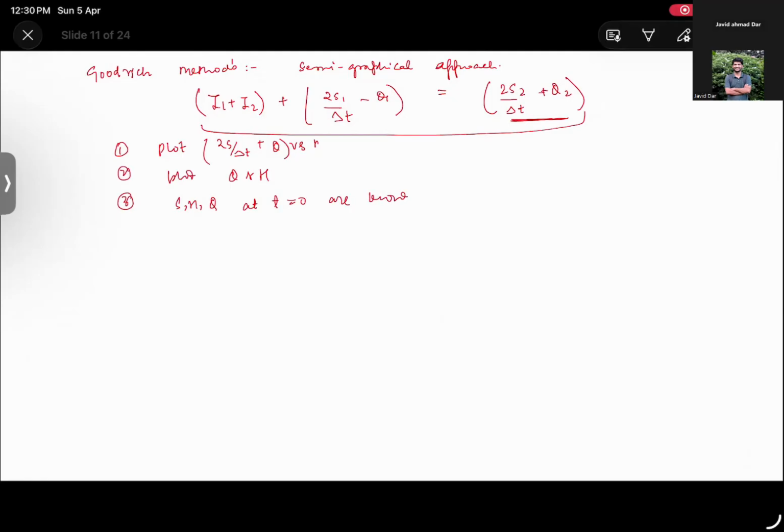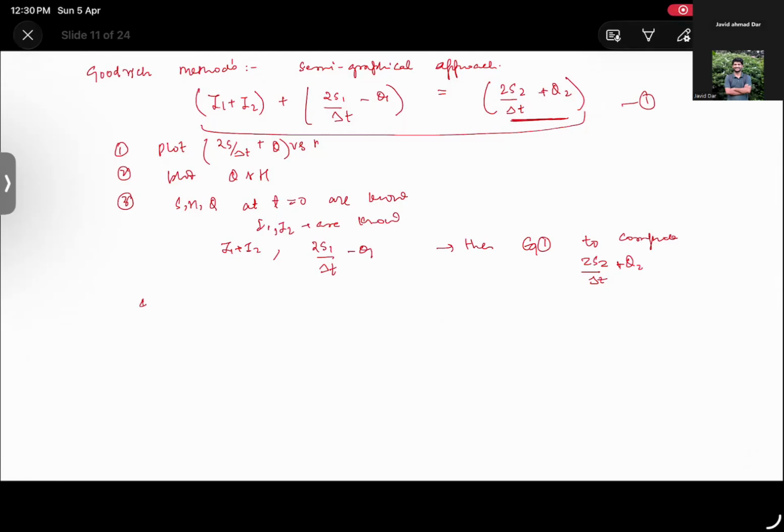And then since these are known, I1, I2 are also known. So you know the value of I1 plus I2. You know the value of 2S1 divided by delta t minus Q1. So then you can use equation 1 to compute 2S2 divided by delta t plus Q2.